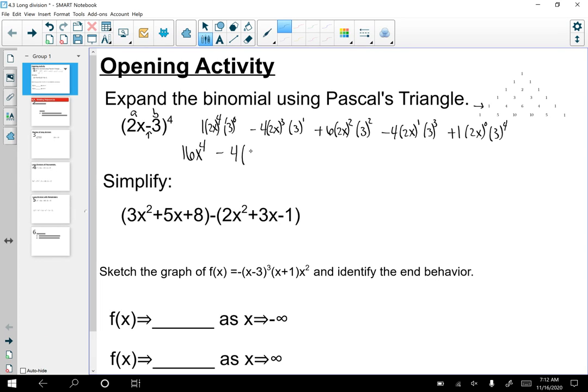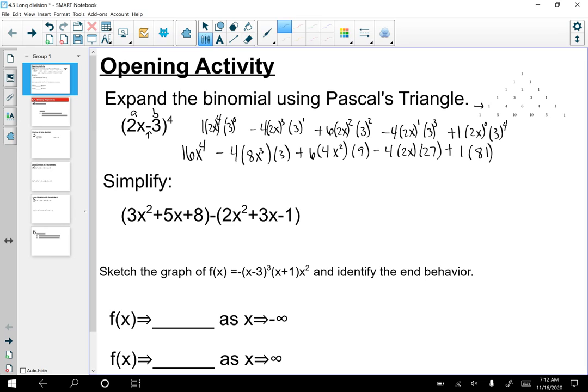Minus 4 times 2 to the third, which is 8, and then x to the third, and then 3 to the first is just 3, plus 6 times 2 to the second is 4, x to the second, 3 to the second is 9, minus 4 times 2 to the first is 2, x to the first is just x, and 3 to the third is 27. Plus 1 times 2 to the 0, which is just 1, and 3 to the fourth, which is 81.